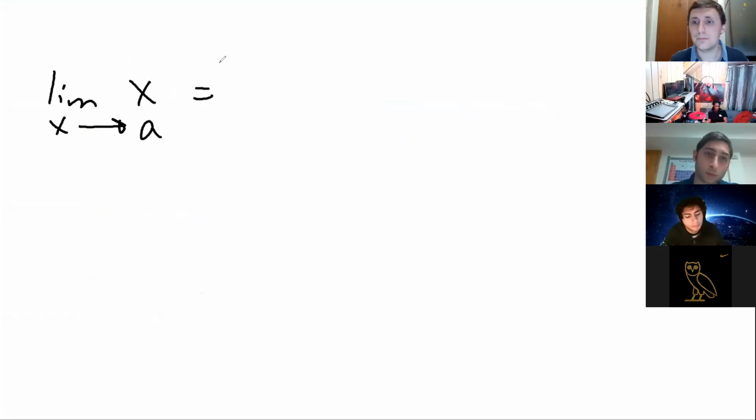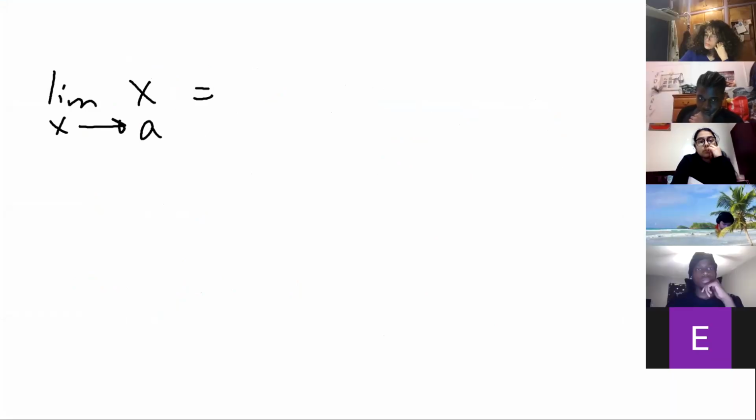What would you say is limit where x goes to a of x equal to? And why?